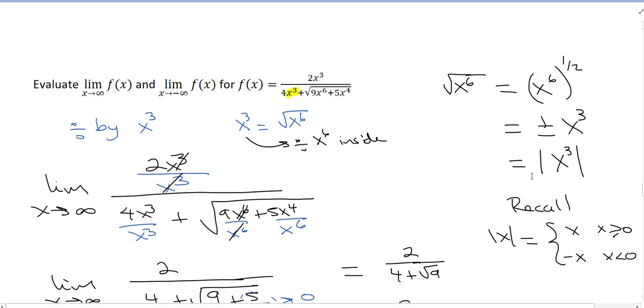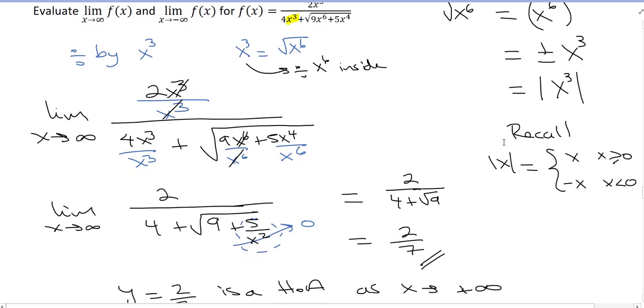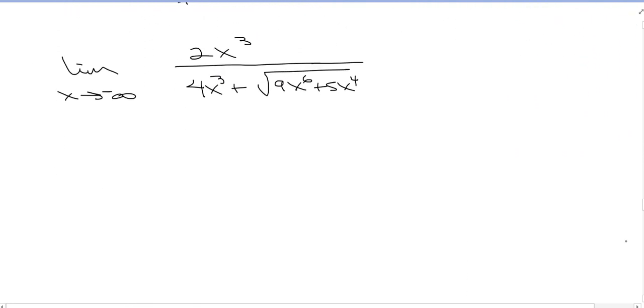The square root of x to the 6 is the absolute value of x cubed. As x goes towards negative infinity, that means that x is less than 0, so the absolute value of x cubed is negative x cubed. So I'm going to be dividing by my x cubed, but then this one is going to be a negative x cubed.